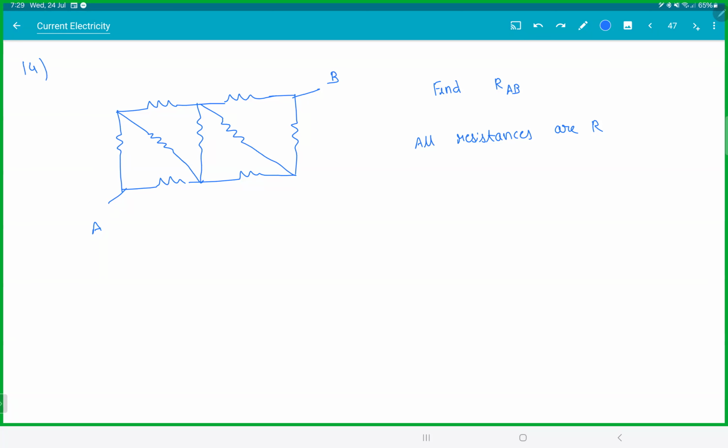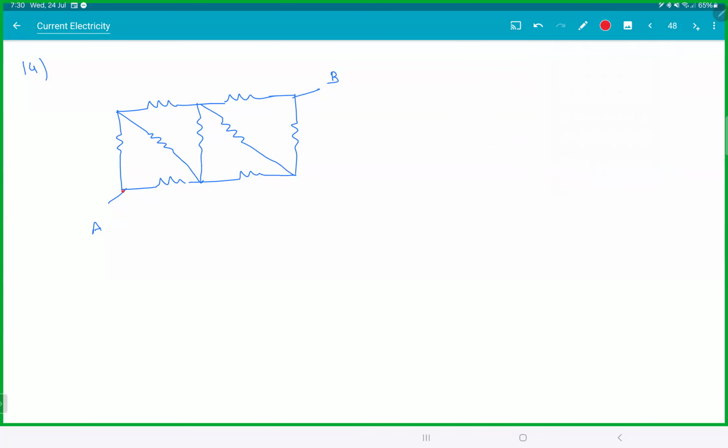Then you can write the equations. Listen to the symmetry.